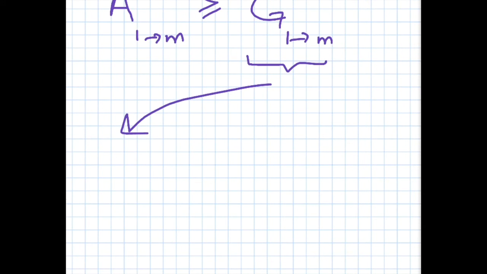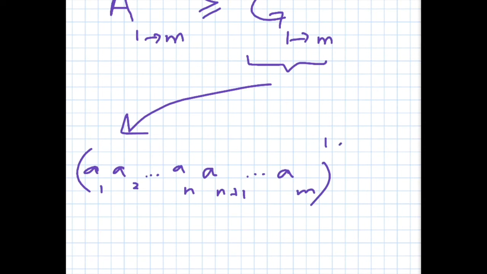This right hand side is equal to a1, a2, a(n+1) up to am to the power of 1 over m. I'll just flip this inequality.